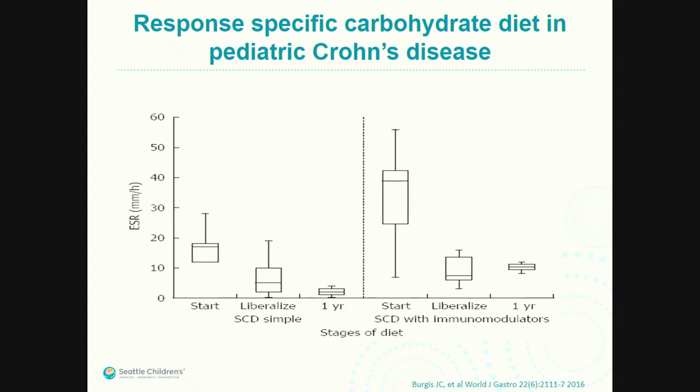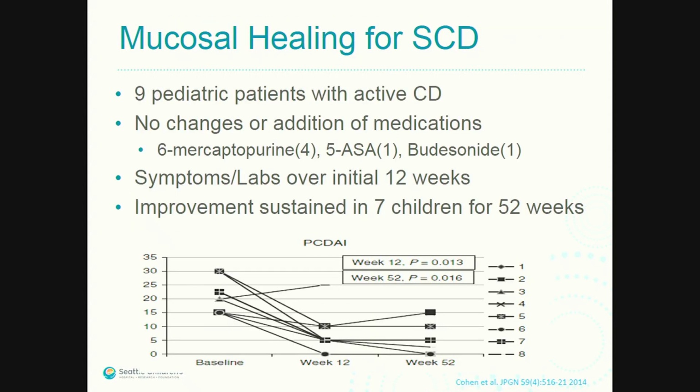And what they also looked at was what happened after individuals liberalized the diet. And for their group, the majority of individuals actually maintained decreased inflammation, which points to the question of how can we improve on the knowledge we have with the SCD, and how do we adjust the diet to not only maybe improve the inflammation, but also make it sustainable long-term for our patients.